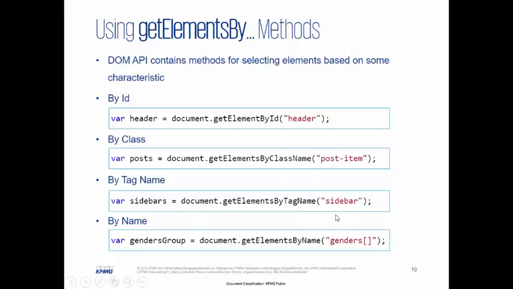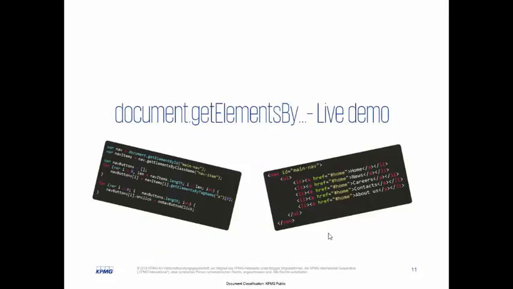Tag name is a specific HTML tag. So every element on the page which is the HTML tag sidebar will get returned here. And elements by name: those are all the elements that have the name attribute assigned with this specification.